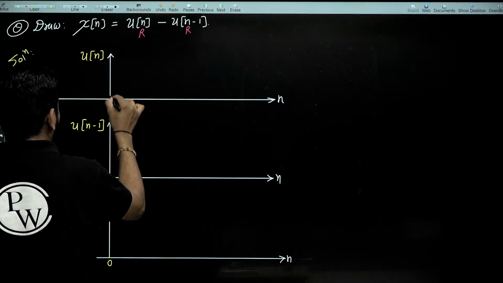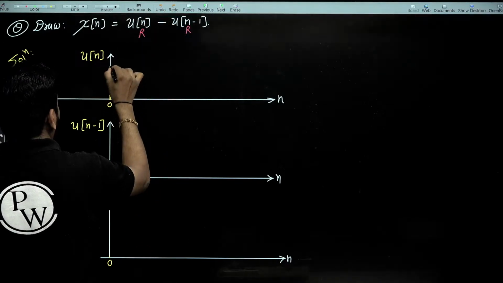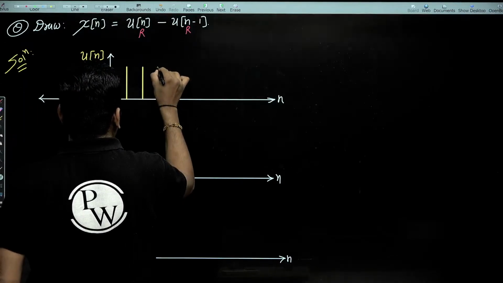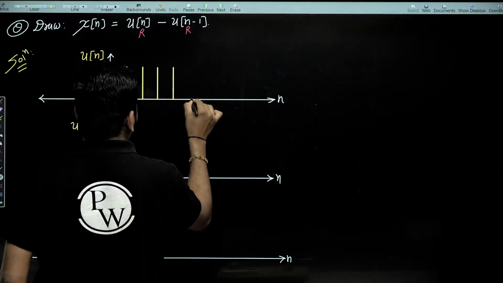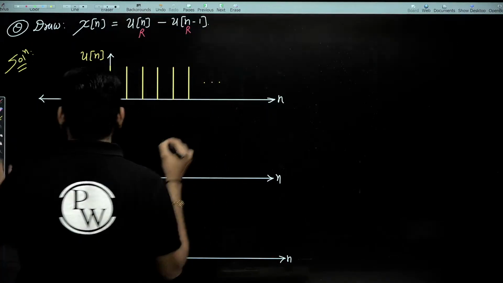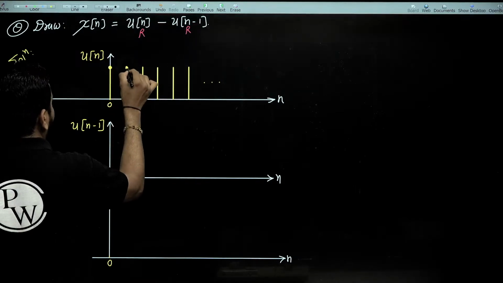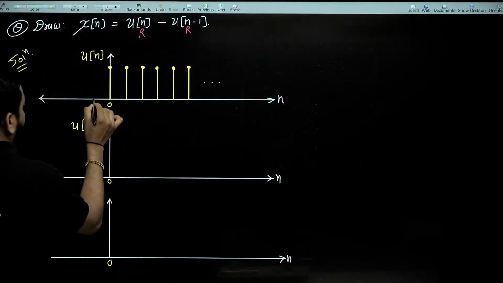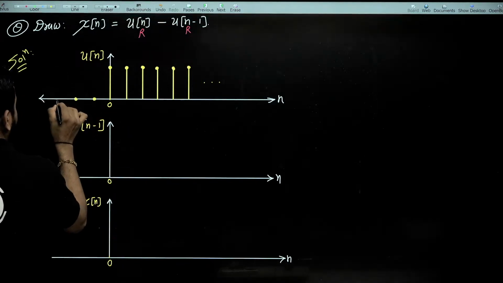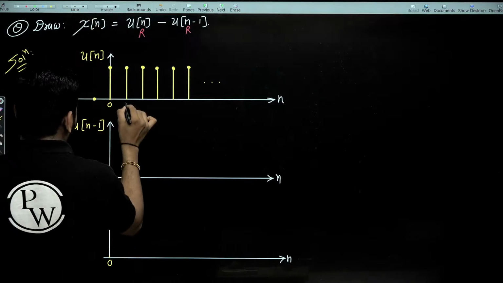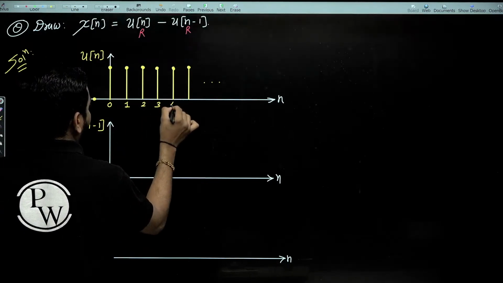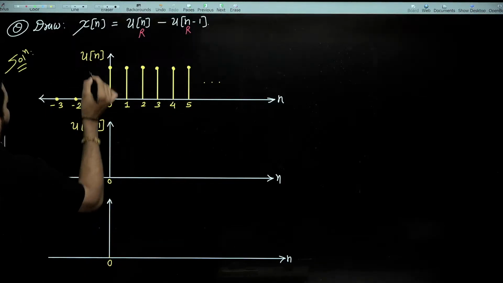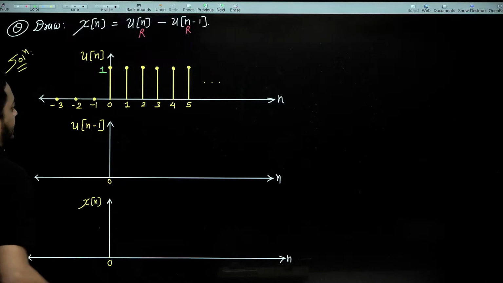Right side signal, 1, 1, and so on. Yes or no? Minus 1, minus 2, minus 3. Amplitude is 1, guys, correct?